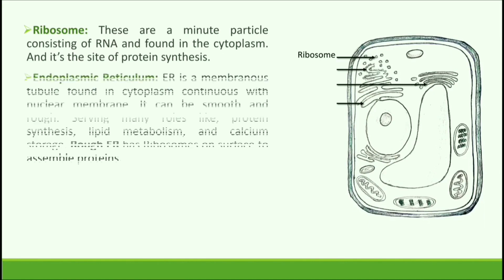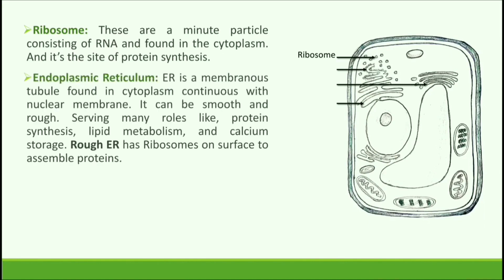Next, endoplasmic reticulum. It is a membranous tubule found in the cytoplasm and you can see in the picture it is attached to the nuclear membrane. Endoplasmic reticulum can be smooth and rough. Rough endoplasmic reticulum has ribosomes on its surface. That's why it's called rough.